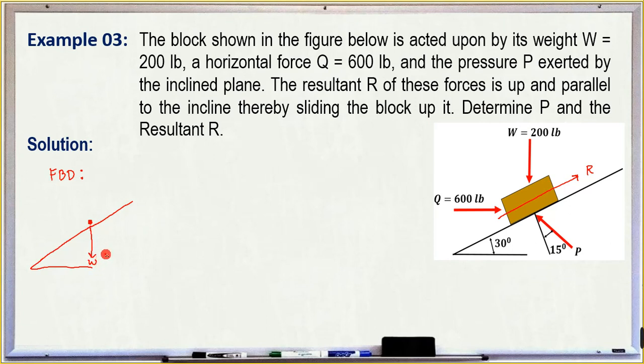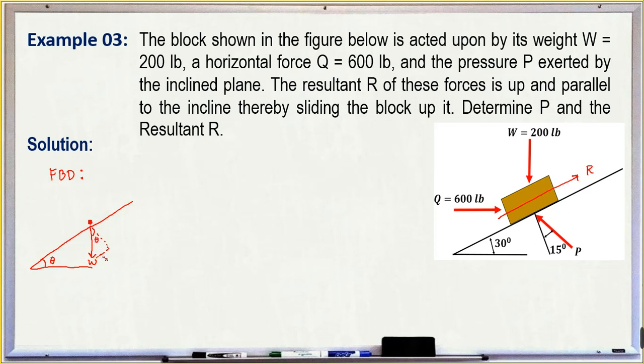Now, para madali ang interpretation, ato i-resolve ang weight. Okay? Ato siya i-resolve ang components perpendicular and parallel to the inclined plane. So, ato siya i-project diri and also here. So, whatever the theta here, which is 30 degrees, open ang theta diri sa weight.